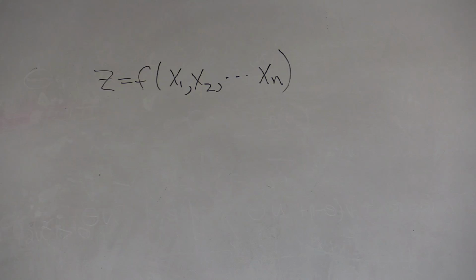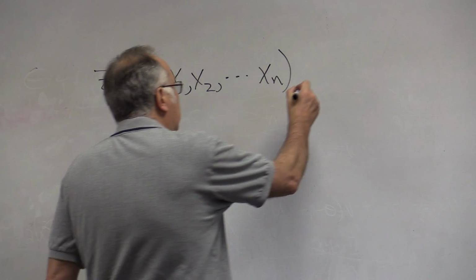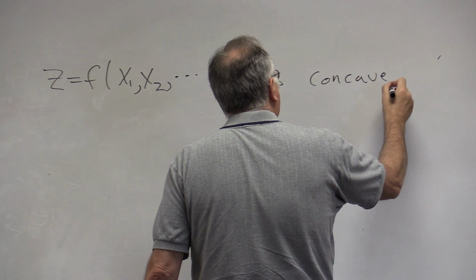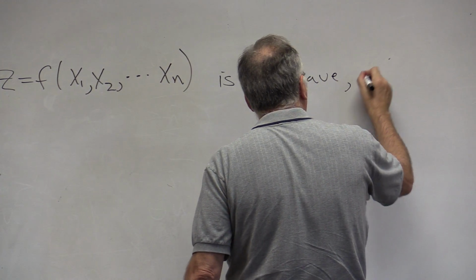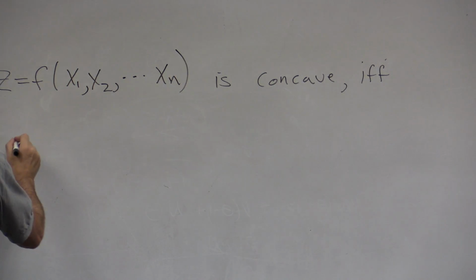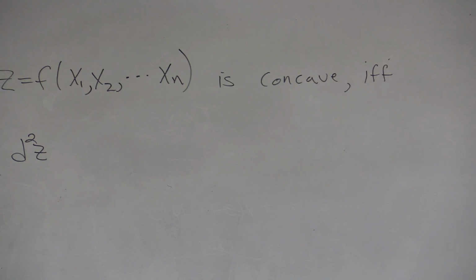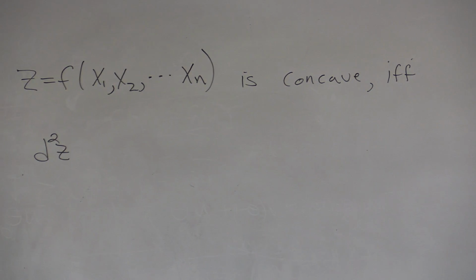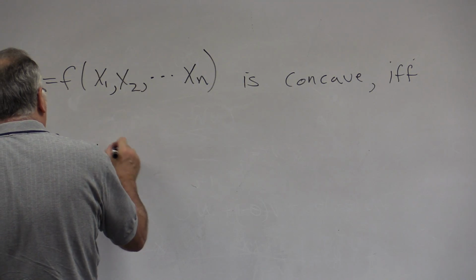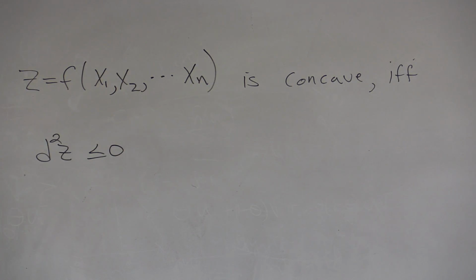Then this function is concave if and only if the second order total differential is everywhere negative semi-definite. What that means is this thing is always greater than or equal to 0, everywhere.